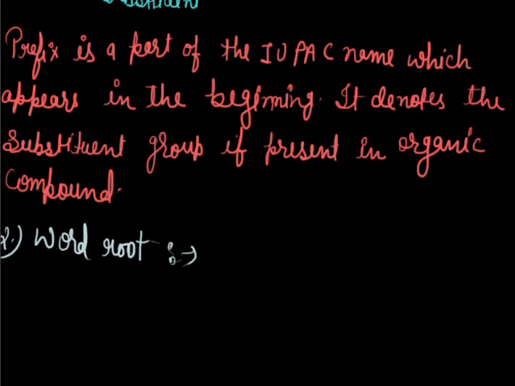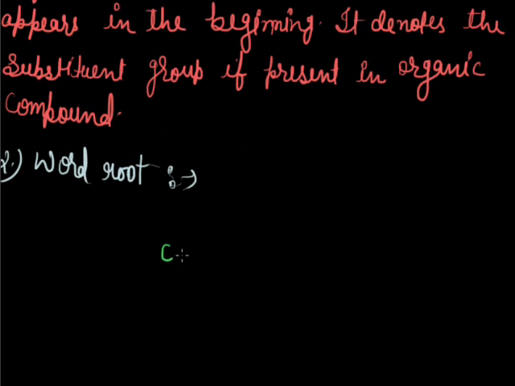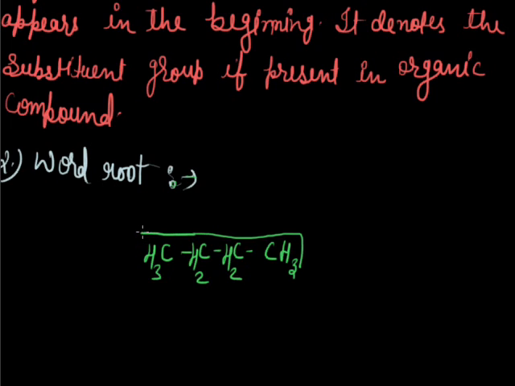So if we take an example, suppose an example is CH3, CH2, CH2 and CH3. Then in this organic compound, firstly we have to choose long carbon chain. Here is only one possibility for selecting carbon chain, which is this. So when we choose the parent, that carbon chain is also known as parent carbon chain.